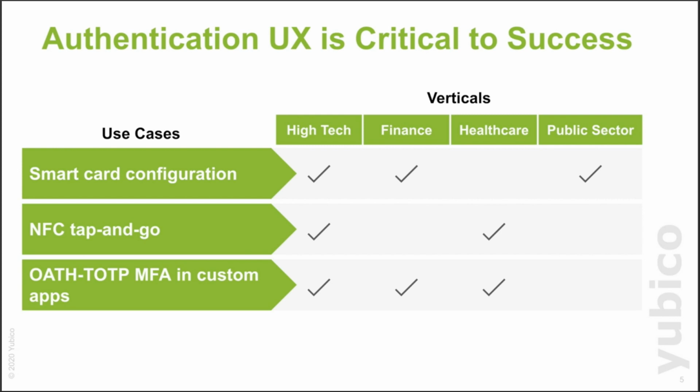So if we look at the first one, smart card configuration, we're seeing organizations needing to onboard and configure smart cards with self-service apps for employees, being able to interact with YubiKeys to install and renew certificates, building detection of a YubiKey into the application to know when a YubiKey has been plugged in or disconnected.